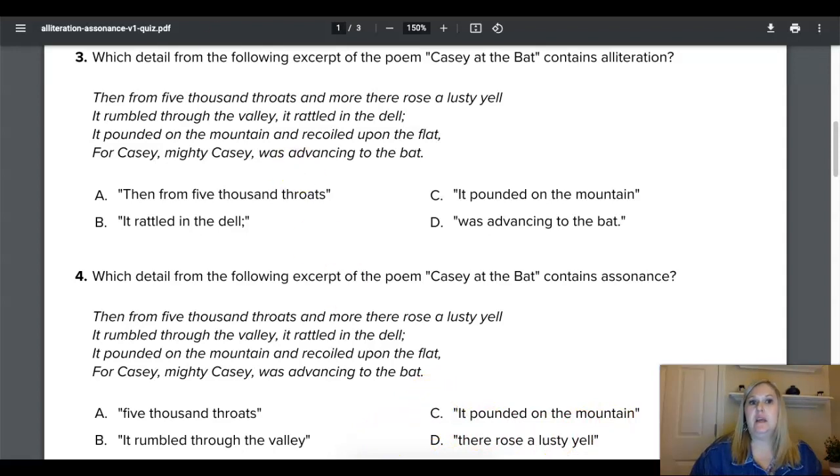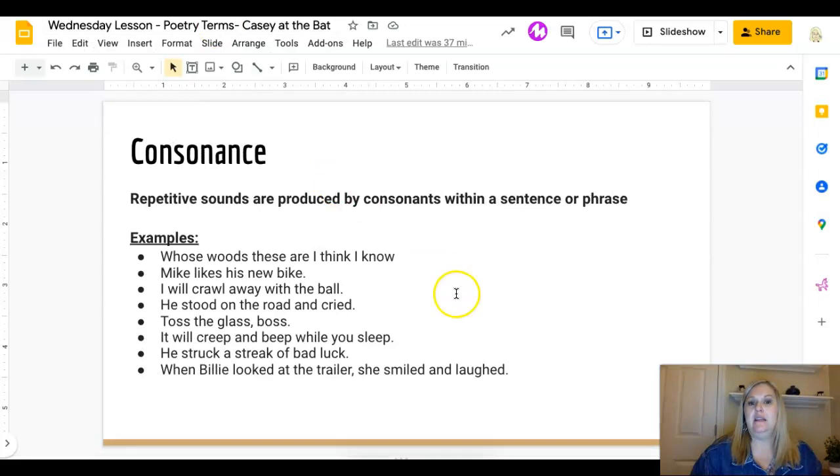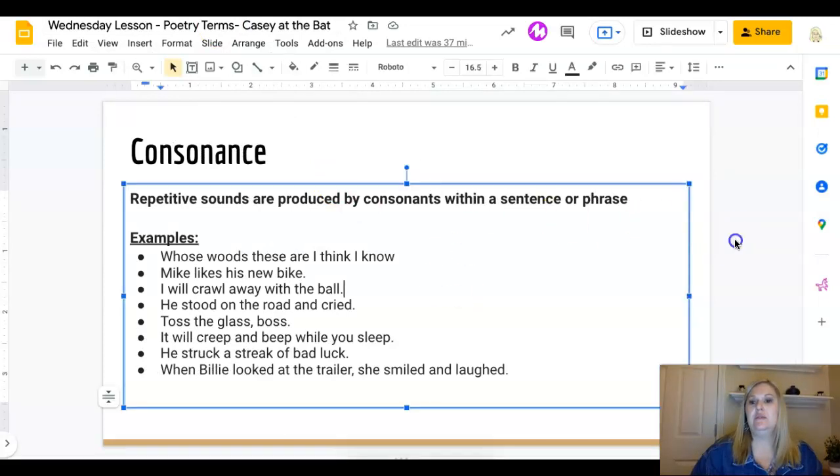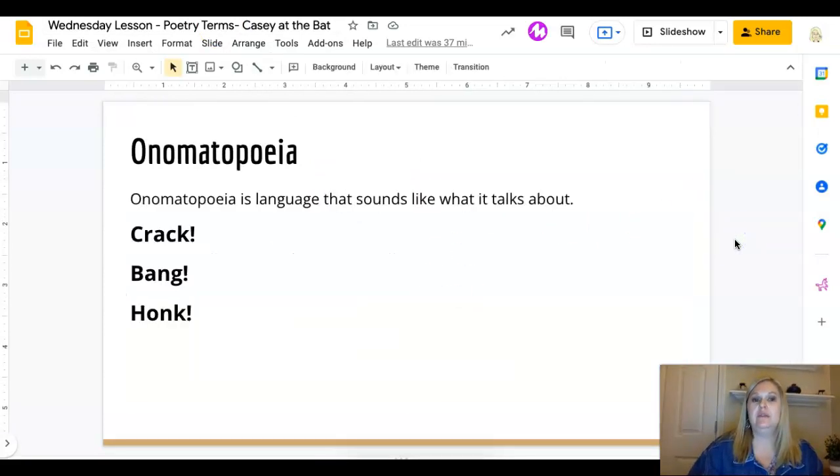Okay, so let's go back, and now that you've got these written, we've gone over those. The last thing is onomatopoeia, and you've heard of that before. It's a very big word, but it just means sound words, okay? You've used it in your own writing, like crack, bang, honk.